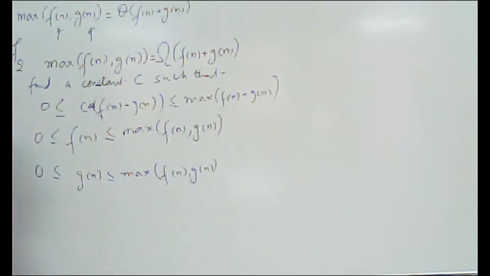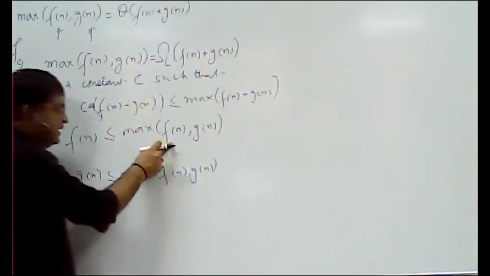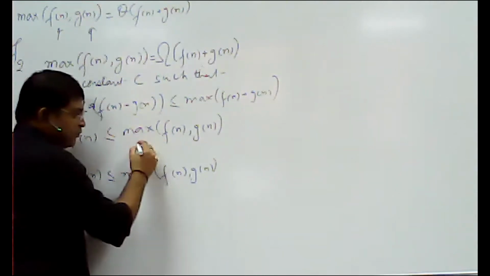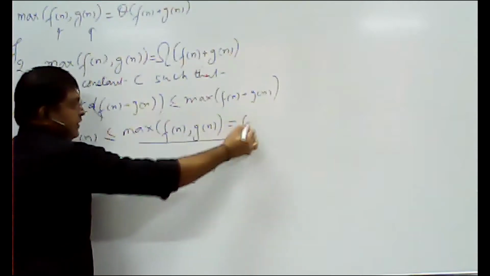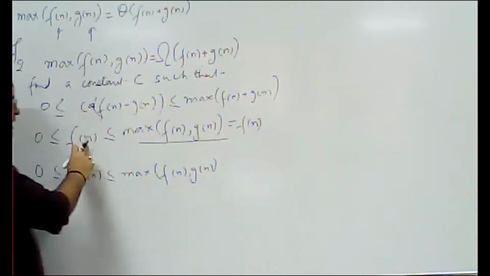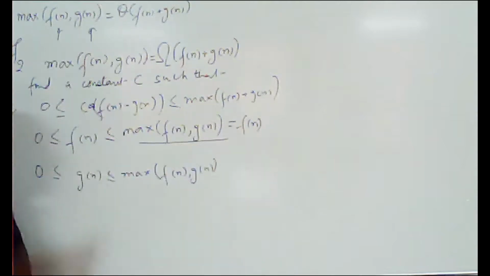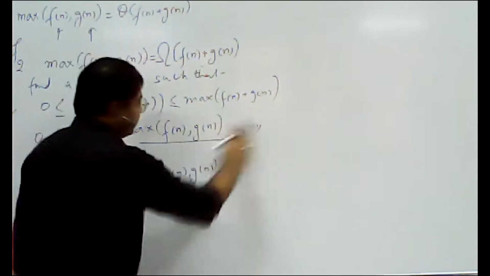First understand these two inequalities very carefully. Why have I written this? Max of Fn and Gn can be either Fn or Gn. Suppose we assume that max of Fn and Gn is Fn. So Fn is greater, and obviously Fn is equal to Fn, so no problem.